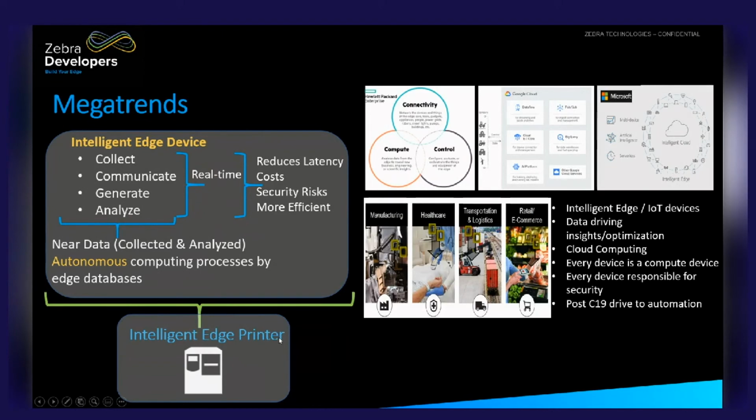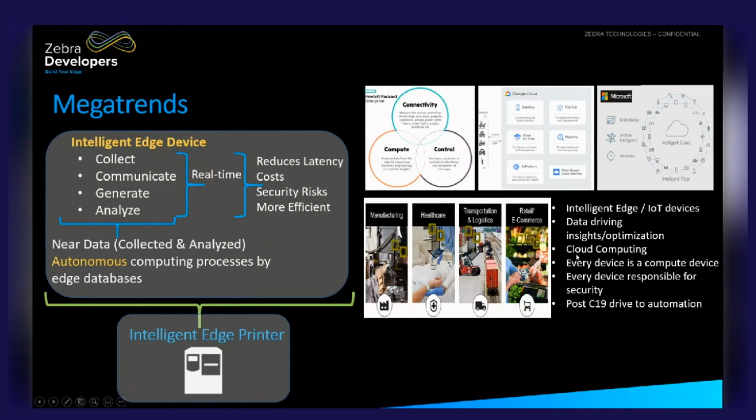So how are we doing this and why is it important for us? We have many different verticals where all of these kinds of needs are now a request. We want to support manufacturing, healthcare, transportation, logistics, retail, and e-commerce operations through autonomous intelligent edge printer devices.